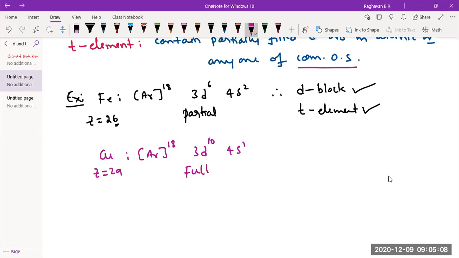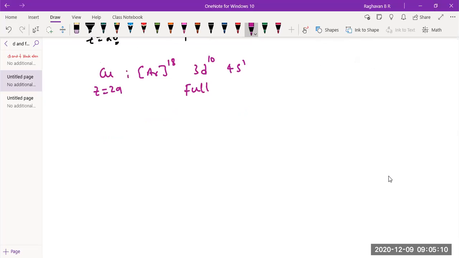So let us go for any one of the common oxidation states. Copper exists in two common oxidation states, +1 and +2. Let us check in +1 whether it possesses a partially filled d orbital. Argon 18, 3d10, 4s0. It is full. Can we conclude it is not transition? No, because we need to check the other common oxidation state.